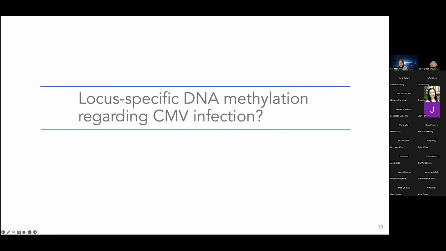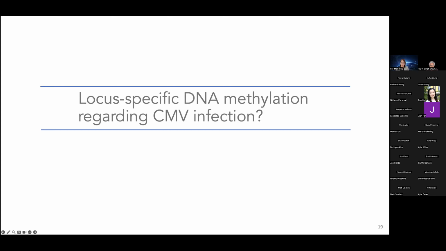Next, we are going to go deeper into the locus-wise analysis: across these sequenced regions, which CpG loci or regions are more impacted by the CMV latent infection through methylation.